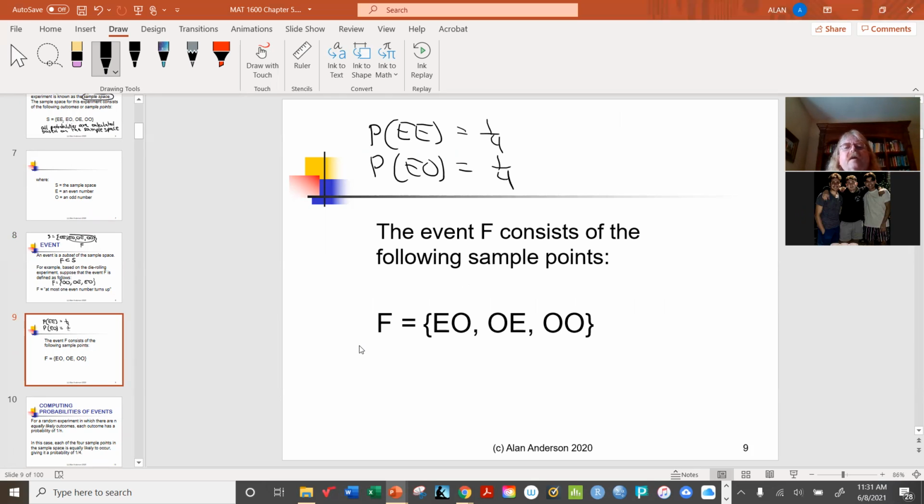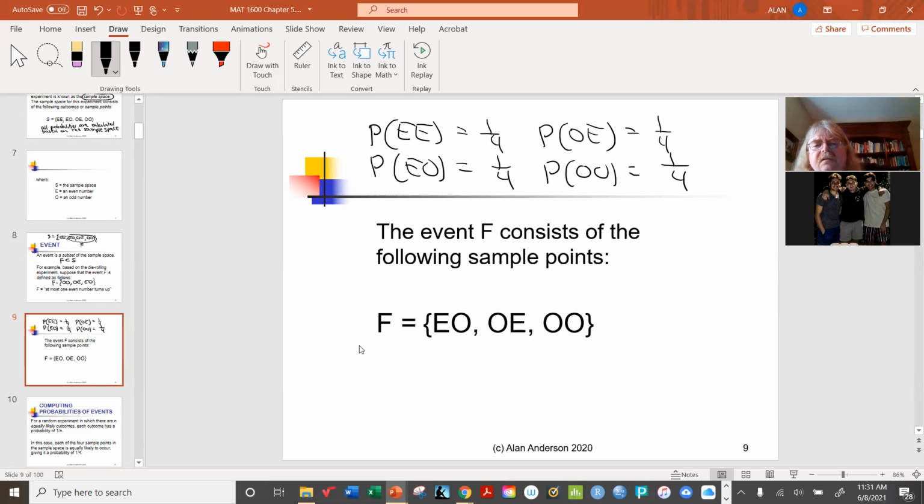Okay, remember, because of the way this was defined, each of these outcomes in the sample space is equally likely to occur. And with 4 of them, that means each one must have a probability of 1/4.